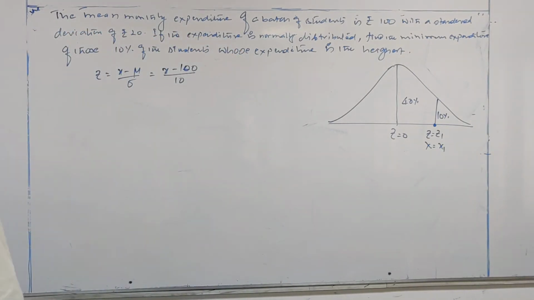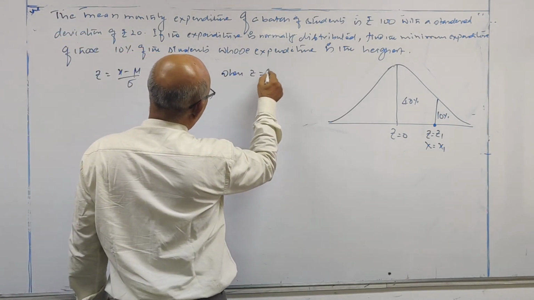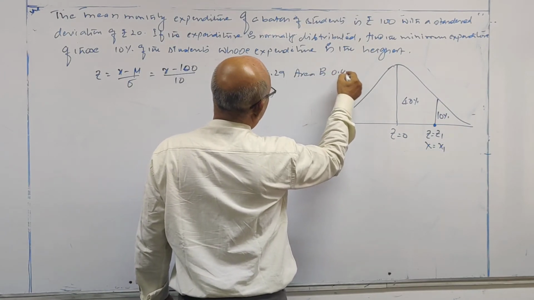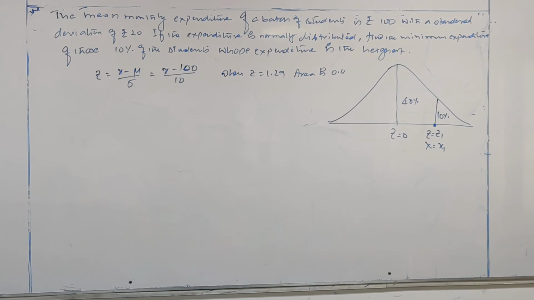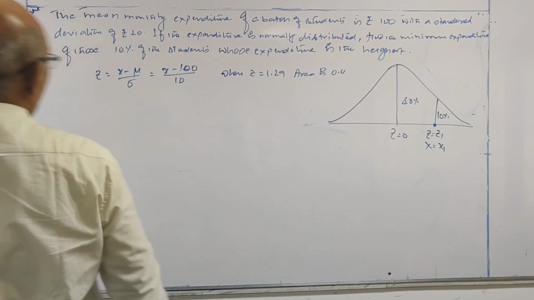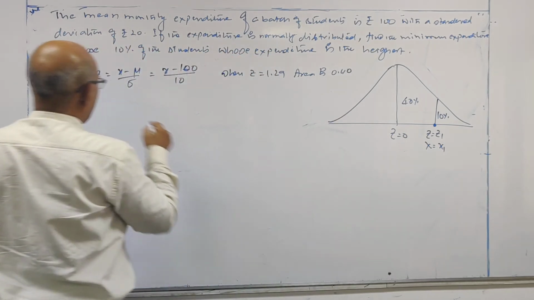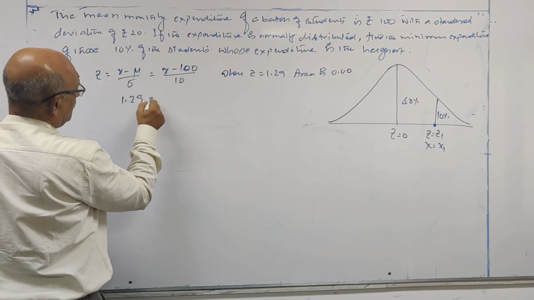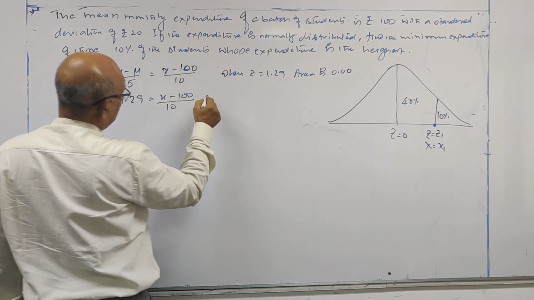1.29. When Z is equal to 1.29, the area is 0.42. I want 0.40. Yes, it is 0.40, and it is on the right hand side. 1.29 is equal to (X minus 100) by 10.